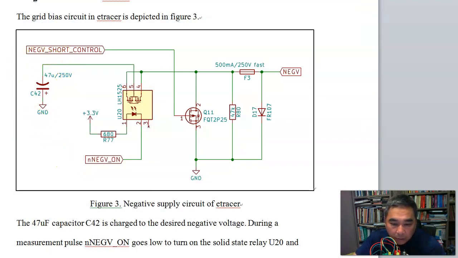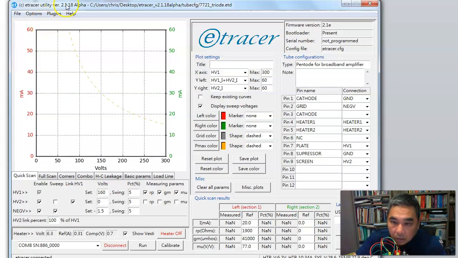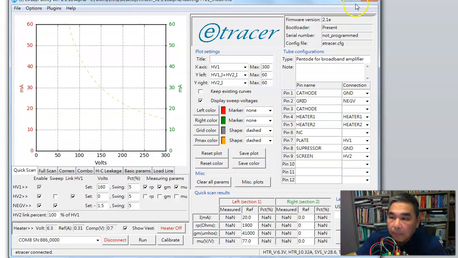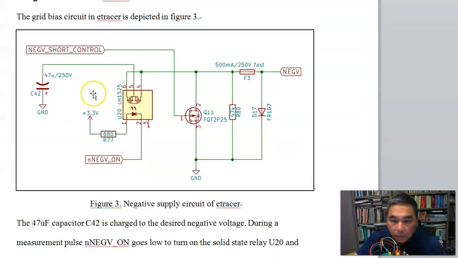So the output impedance is very low. It's basically the ESR, the equivalent series resistance of C42, which is in the order of, I don't know, a couple ohms. Actually, it's probably less than 1 ohm. So it's very low.